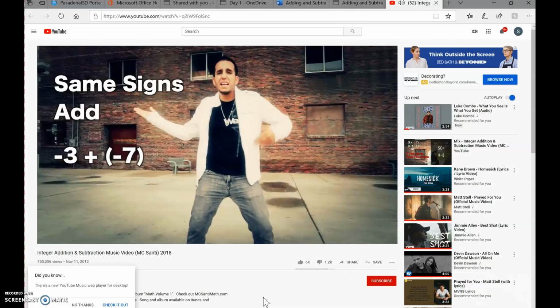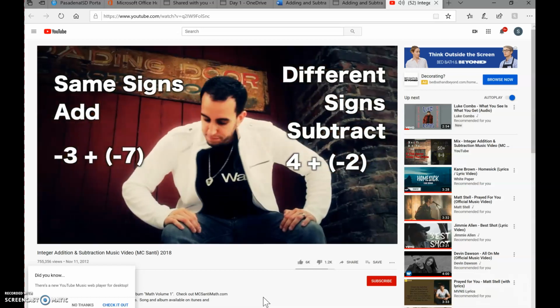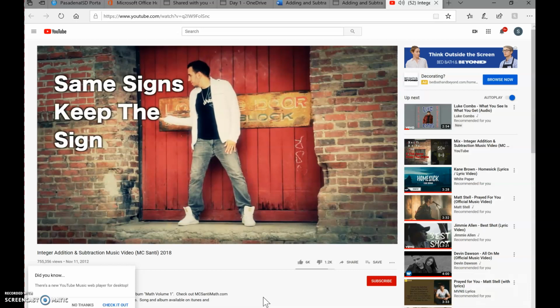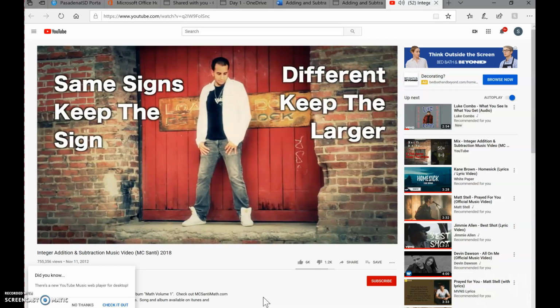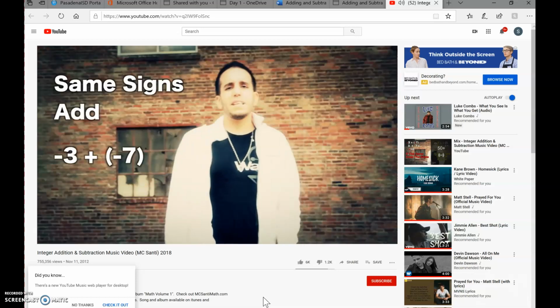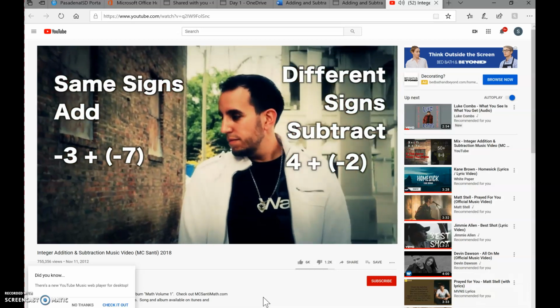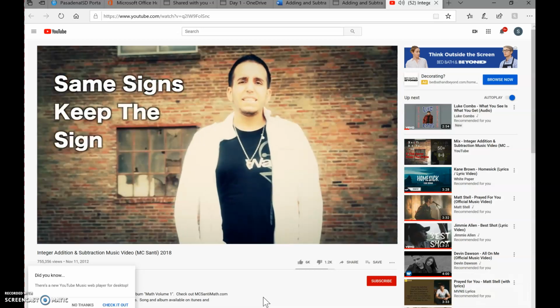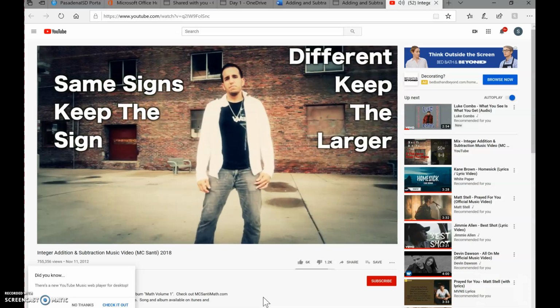Same signs add, different signs subtract. Same sign, keep the sign, different, keep the larger.